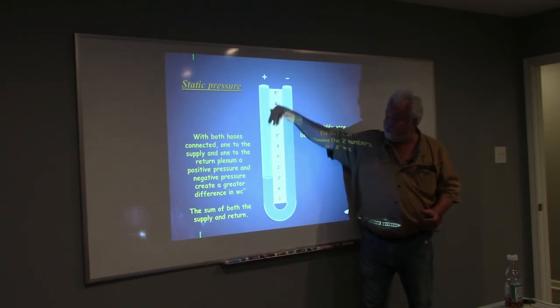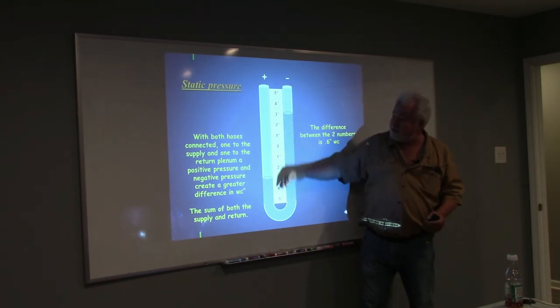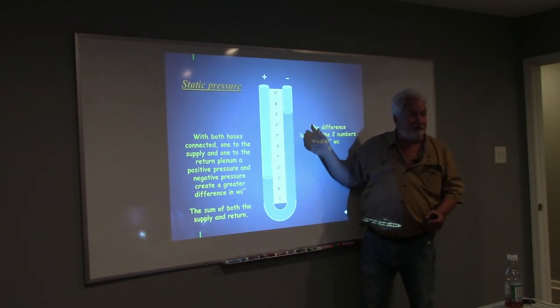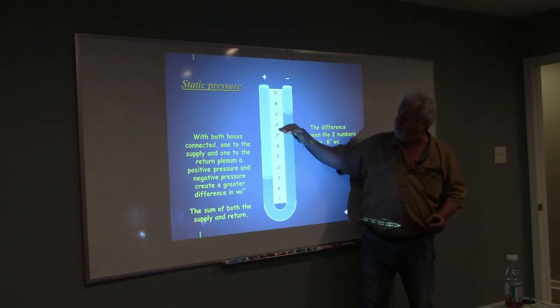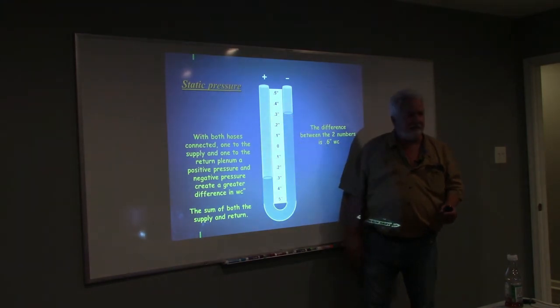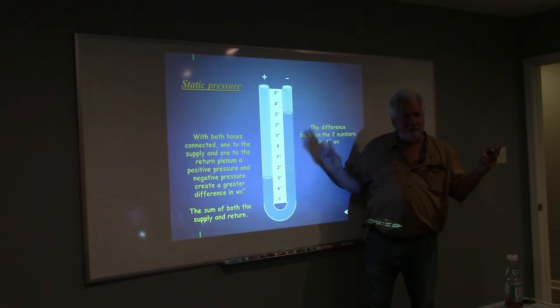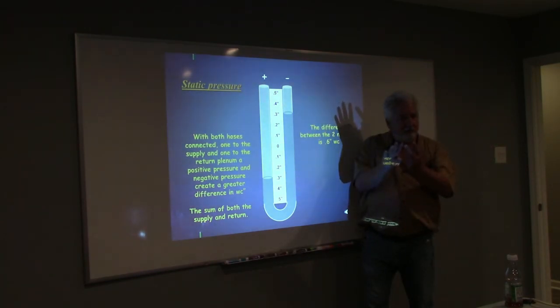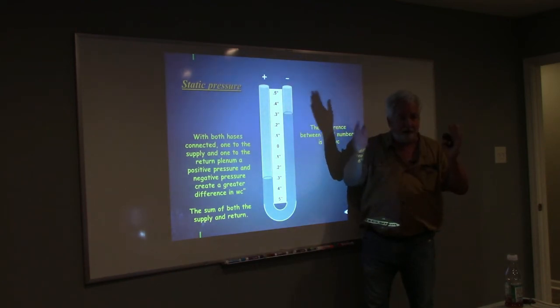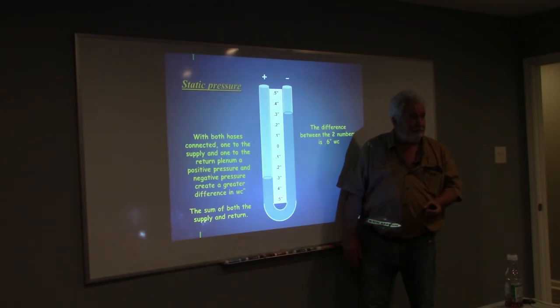This one's pushing down. Now it's easier for this one to go down because this one's sucking up, yes? With that, I am at 0.1, 0.2, 0.3, 0.4, 0.5, 0.6. We had 0.2 on the return, we had 0.4 on the supply. Together they make 0.6 external static pressure on that air handler. Everybody getting that?